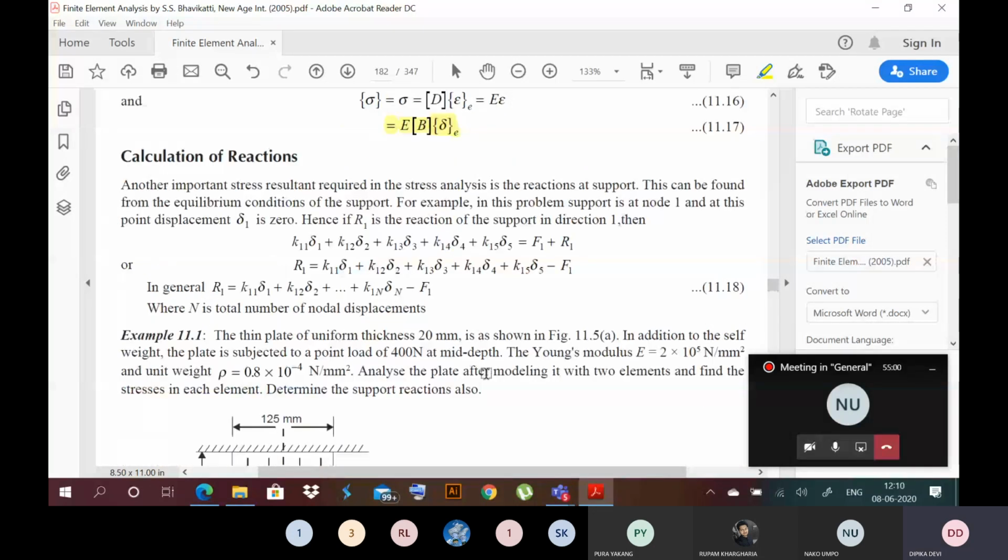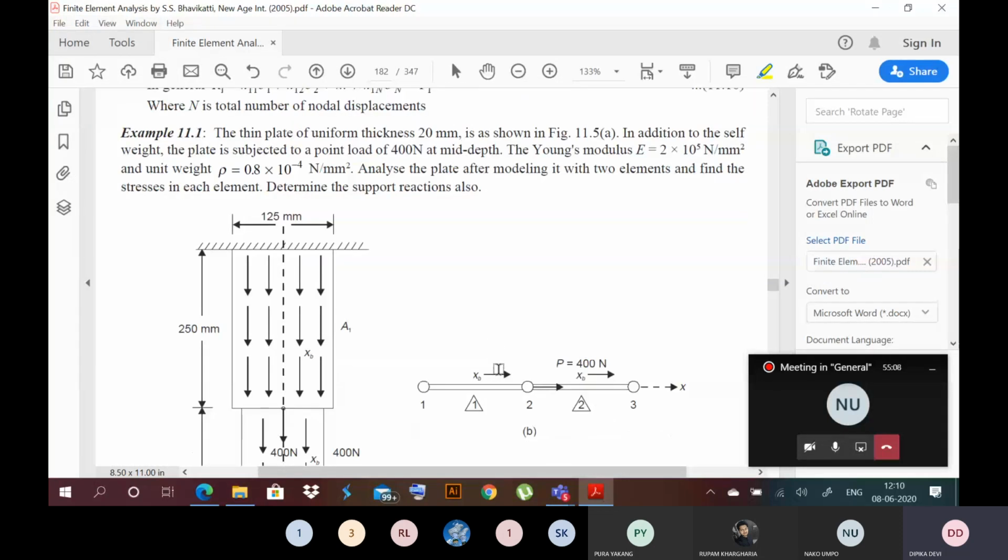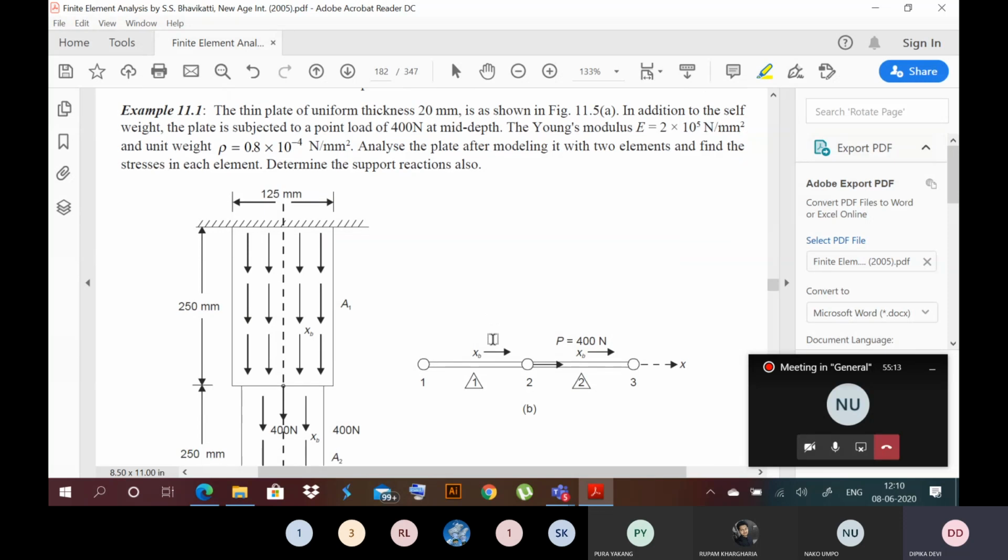Now we'll have one actual problem. This was explained in general; now let us go through this problem. Here we have a thin plate of uniform thickness 20 mm, as shown in this figure. In addition to self-weight, that means there is body force in the vertical direction along the axis of the element, the plate is subjected to a point load of 400 Newton at mid-depth.